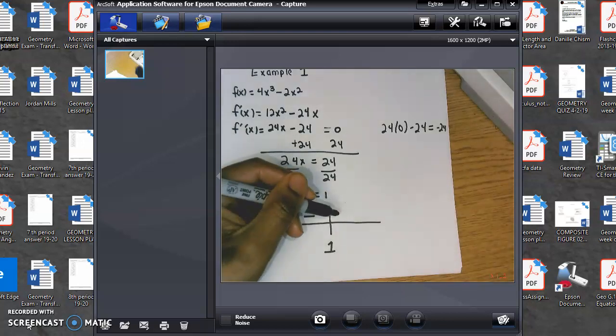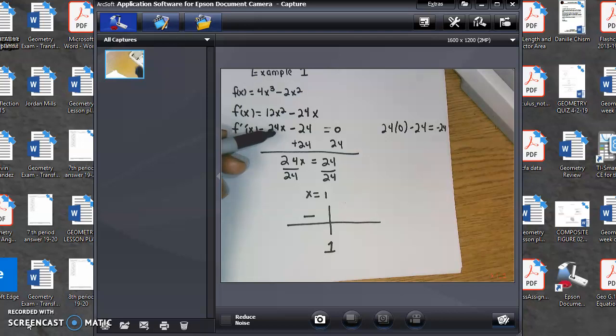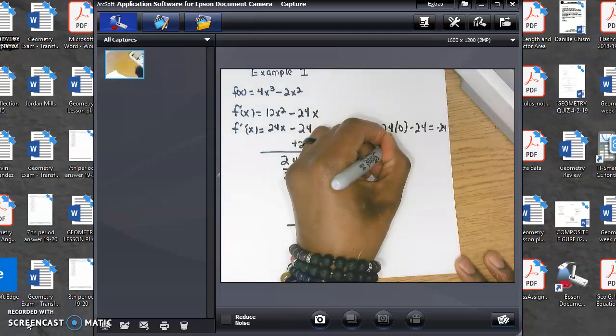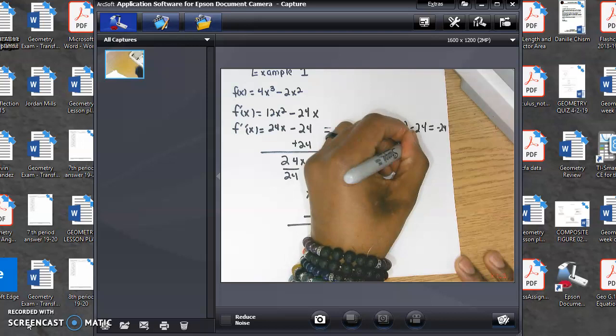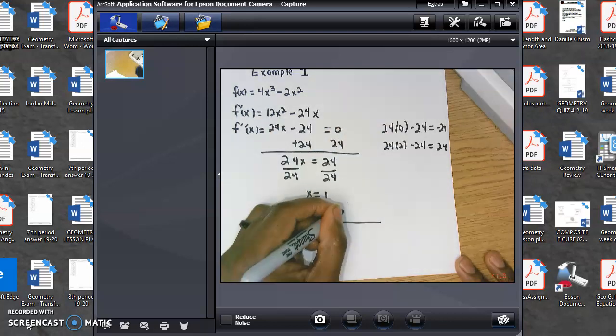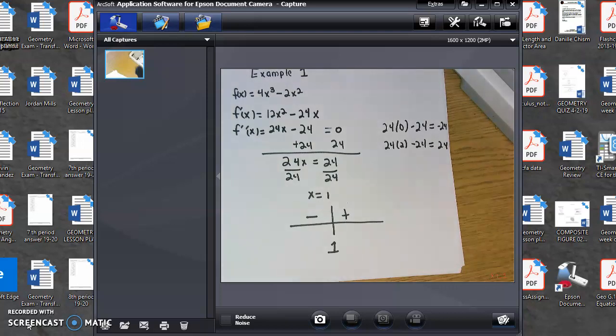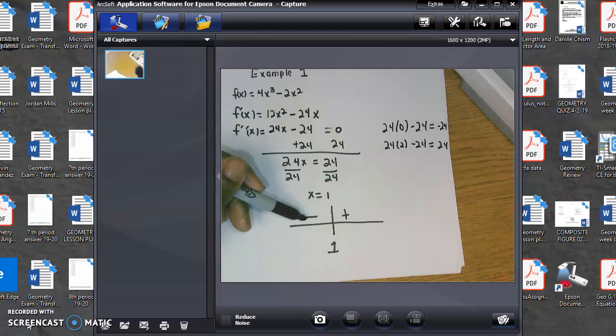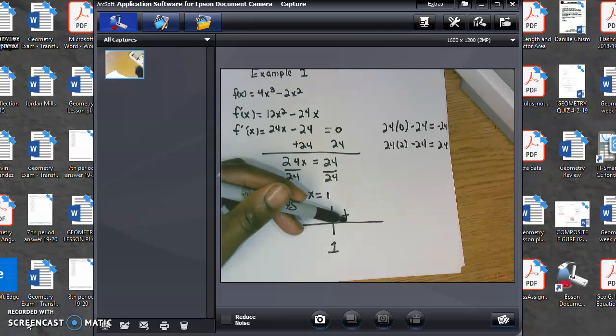So if I plug 2 back in, then I'm going to get 2 times 24, which is 48, minus 24. That's 24, a positive number. So you can see that at positive 1, the concavity changed from concaving down to concaving up.